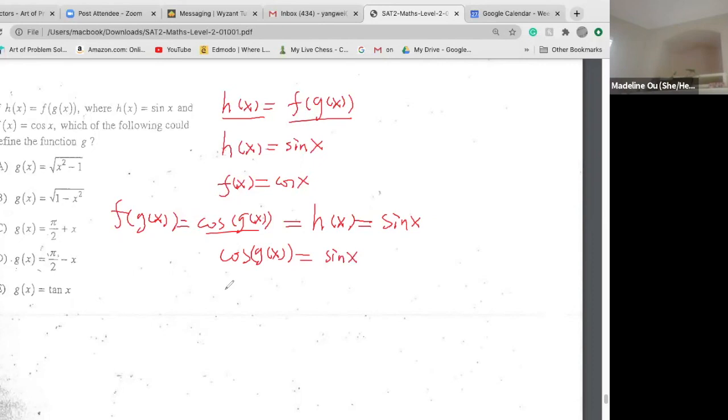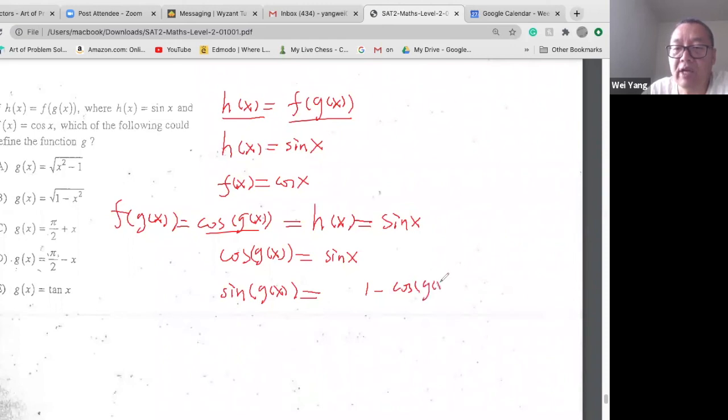Now, what is sin gx? Based on the formula, sin gx squared plus cosine gx squared equals 1. So that means sin gx equals the square root of 1 minus cosine gx squared. From here, we got cosine gx equals sin x.